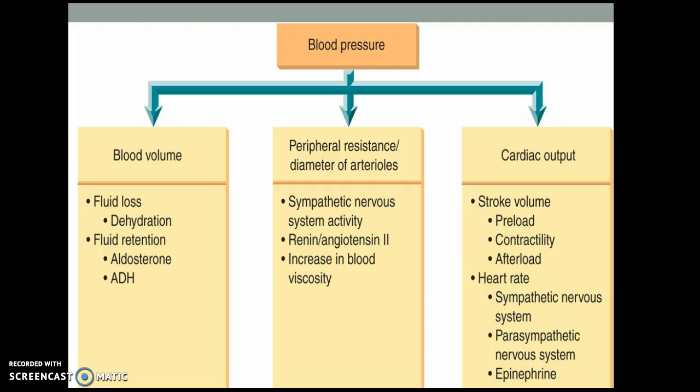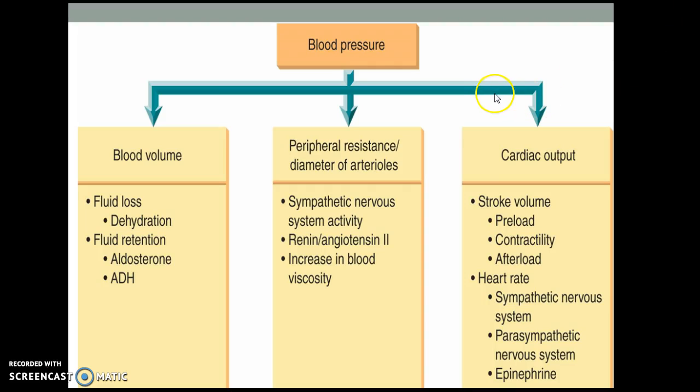When your fight or flight response gets stimulated, you're going to expect that you vasoconstrict so that your body gets enough pressure in order to give you the energy that you need. The angiotensin II in the renin-angiotensin-aldosterone system is a potent vasoconstrictor. And increase in blood viscosity can also increase your peripheral resistance.